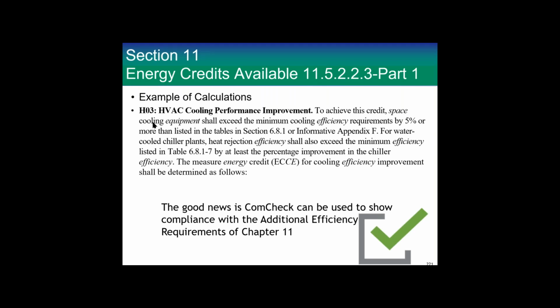You look up the piece of equipment in section 6.8.1, and you improve that efficiency by 5%, and you get 12 points. So you pick your equipment, schedule it on the plans with an efficiency 5% above what's in section 6.8.1, and you get the points. I'll tell you more in a minute. So that's the second one.